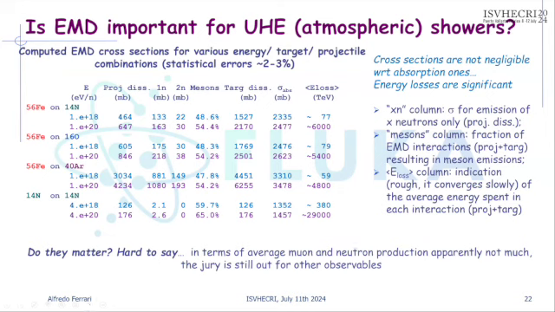So the next question is: is electromagnetic dissociation important for ultra-high energy showers or not? I don't have the answer. Here I have just for you some cross-sections that probably are not completely wrong, as predicted by our models. You can see it is split in projectile dissociation, which is probably what one is more interested in, but also target dissociation.